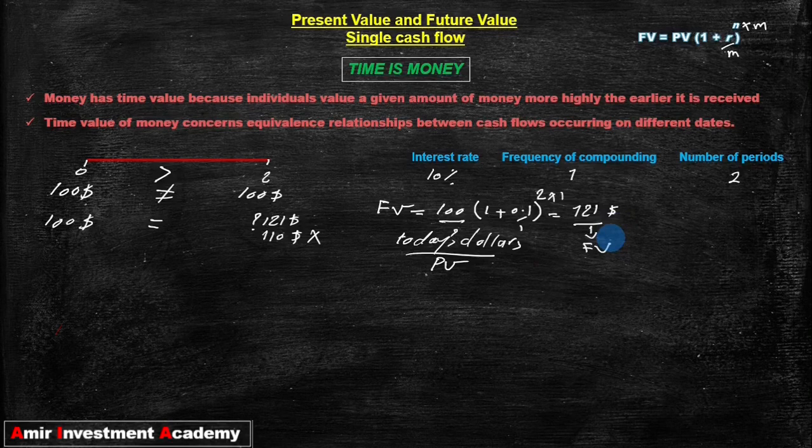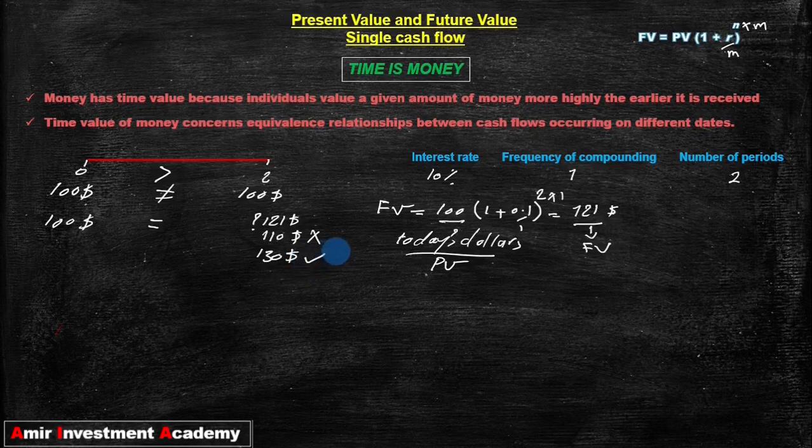Now, to understand this even better, let's say somebody walks up to you and says, all right, you did not accept my $110. Let's say I'll take your $100, and in exchange for that, I will give you, I don't know, let's say $130 in 2 years. Well, assuming they carry the same risk, you're going to say, oh, that's great. I'll take it.